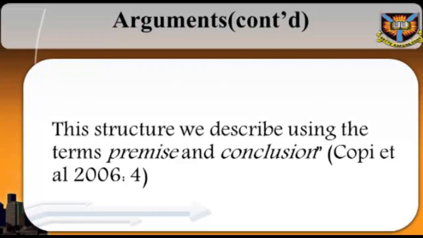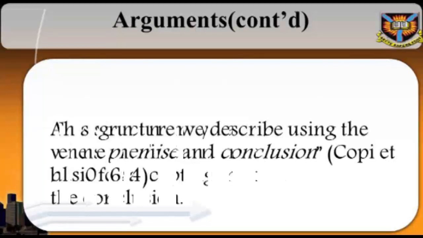This structure we describe using the terms premise and conclusion. Thus, the premise is a proposition used in an argument to support some other proposition, while the conclusion is a proposition in an argument that the other propositions, that is the premises, support. Where there is no relationship whatsoever between the purported claim or conclusion and the reasons given for its acceptance, then there is no argument.